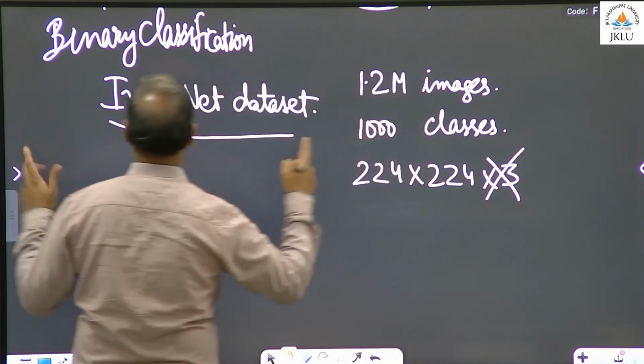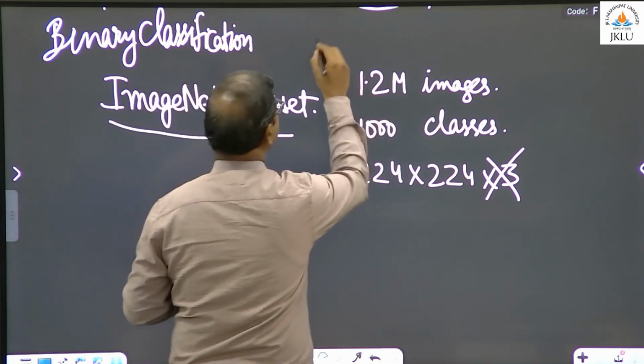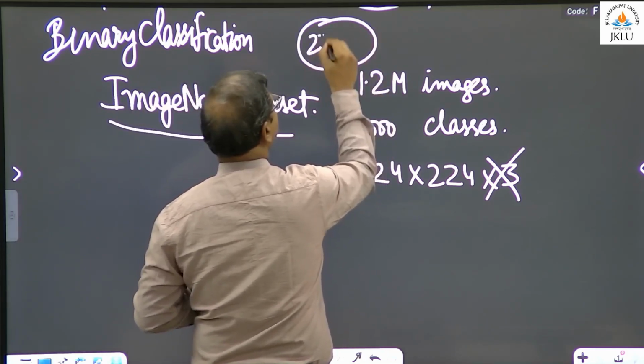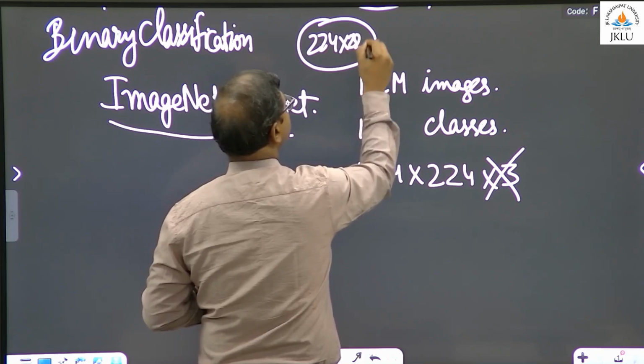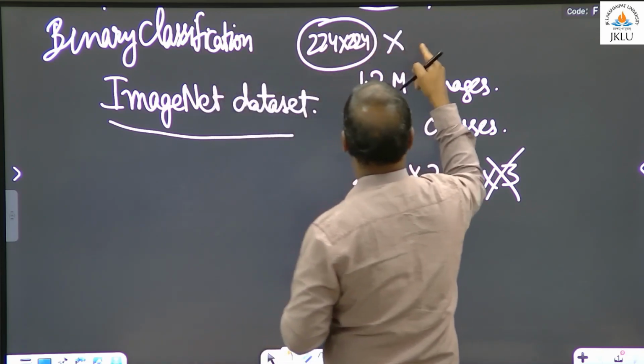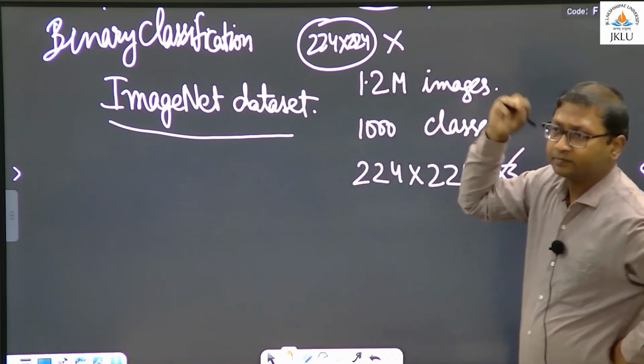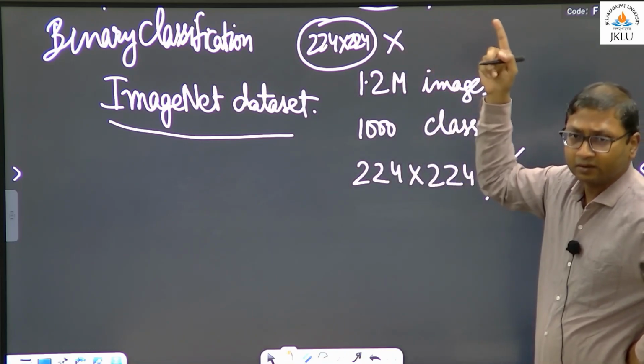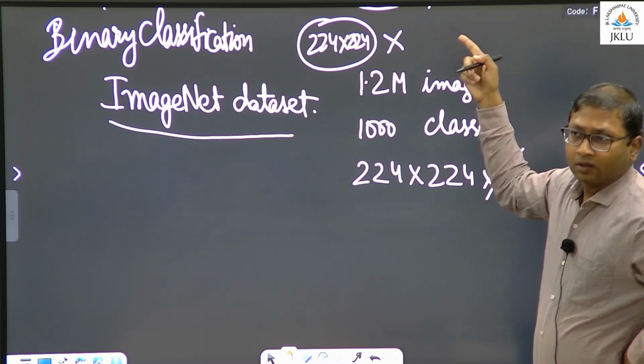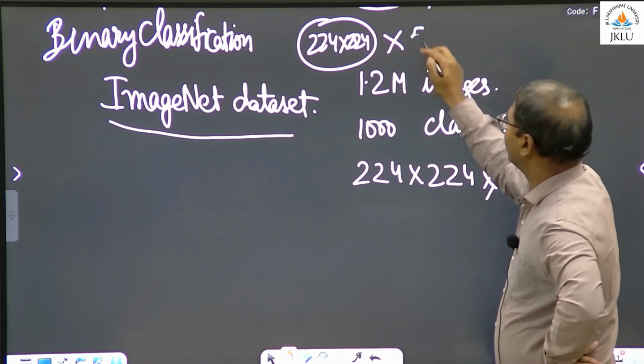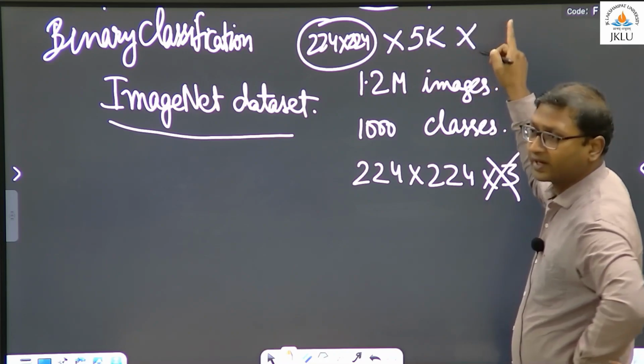So quickly, I didn't want to, but let me quickly do this. I have input layer 224 cross 224, then what can be my next hidden layer? From 50,000 I can go to 5,000, let's say 5k, and then finally 1000.